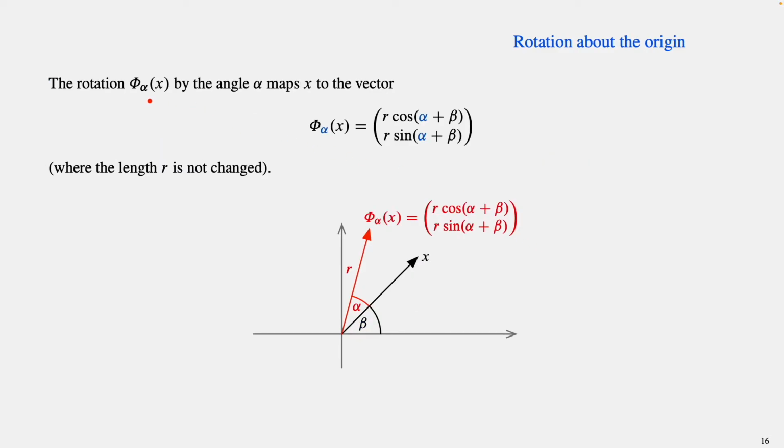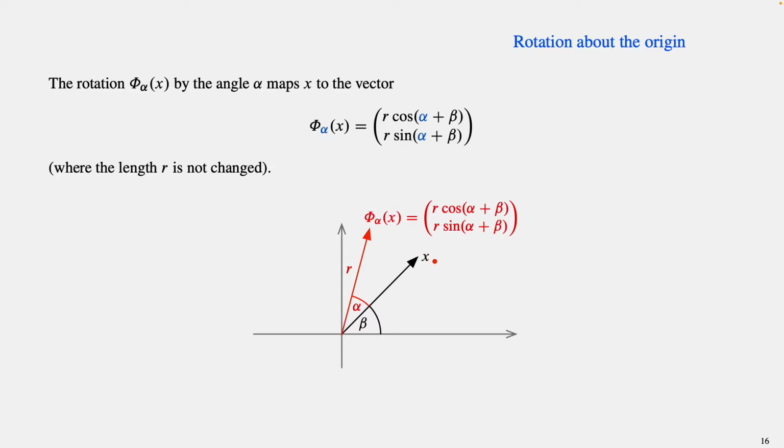Now what the rotation by the angle alpha does, it takes the vector x and rotates it. Before it had the angle beta with the E1 axis, and now it's rotated further by an angle alpha, so it has angle alpha plus beta. That's easily expressed in this polar coordinate representation, because all we have to do is replace the angle beta we had before by the angle alpha plus beta.